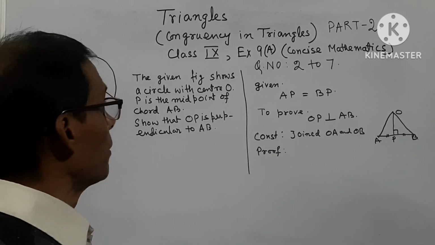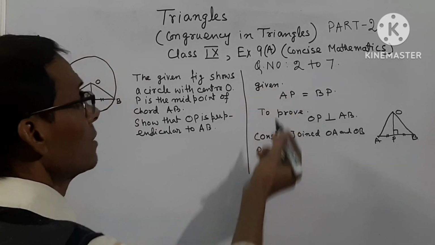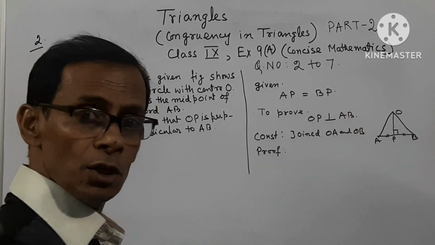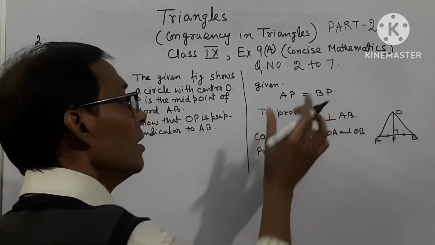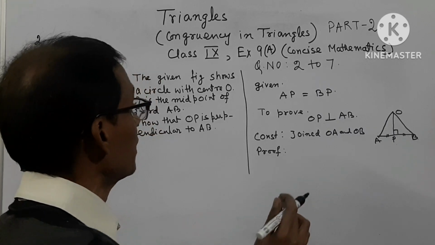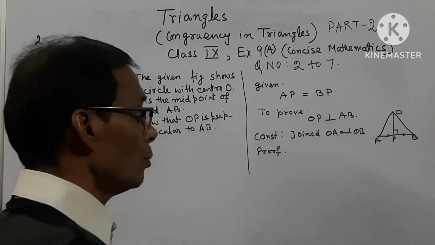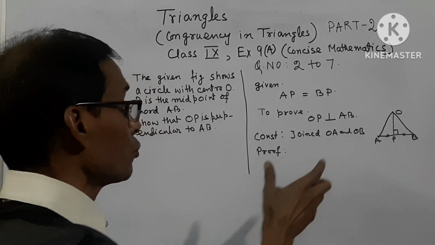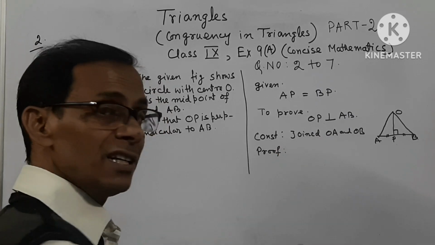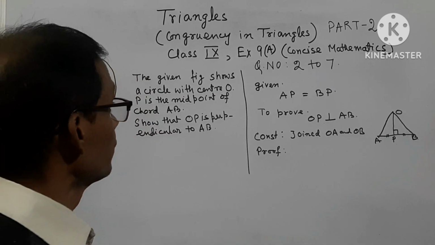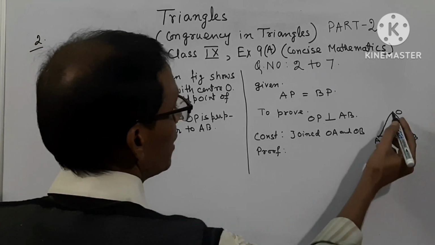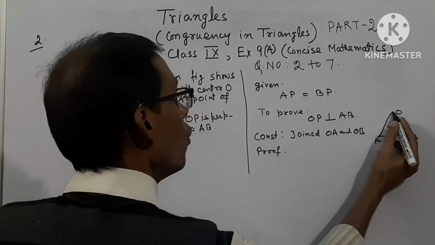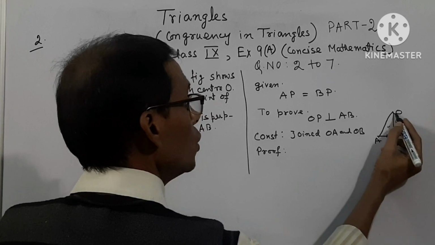Few things you have to remember for the solution of these congruency sums. One, whatever is given to you, you should write it very clearly: what are the things given, what you are going to prove, and if there is any construction you are doing, that also you should mention, and then you give the proof. See, here two triangles are formed, OAP and BOP.